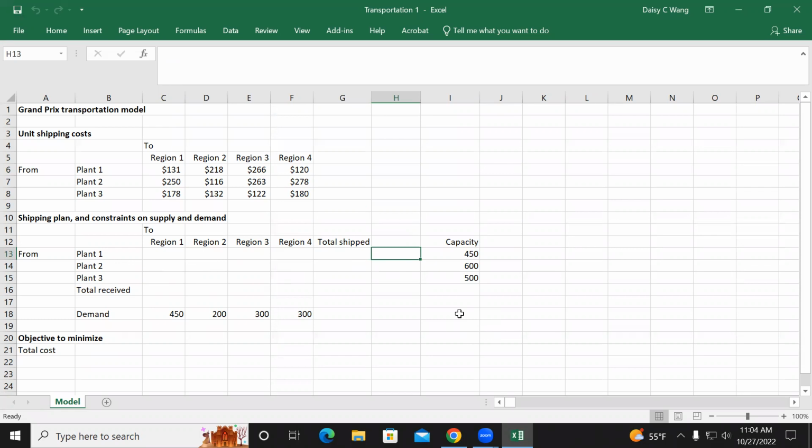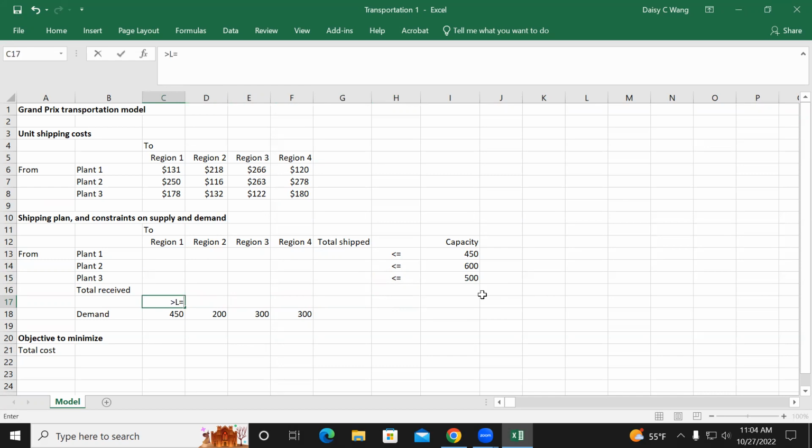Okay, so we have 2 constraints. The first one is from each plane, we cannot ship more than our capacity. So this should be less than or equal. And then for the demand, we want to have greater than or equal to the demand, right?